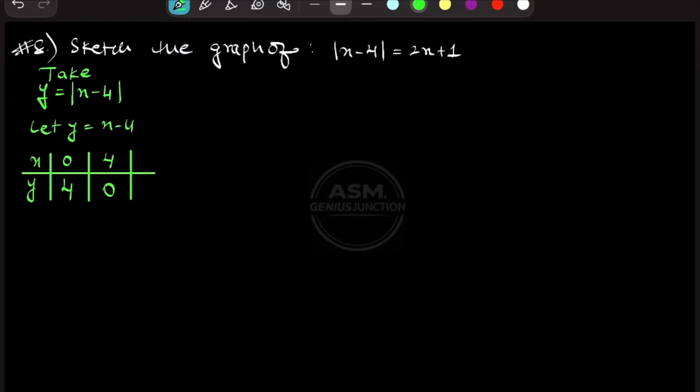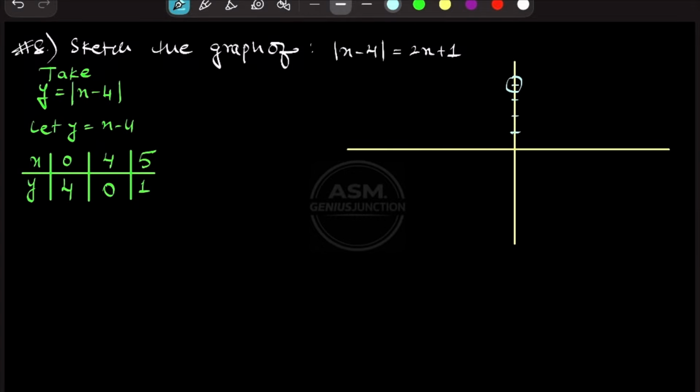And then comes the important one. I will put x equals 5. So 5 minus 4 will give you 1. Quickly plot the graph for the given question. So I will make the x-axis and y-axis again. I will plot the points. So the points are 0 comma 4. So let's say this is 1 2 3 4.